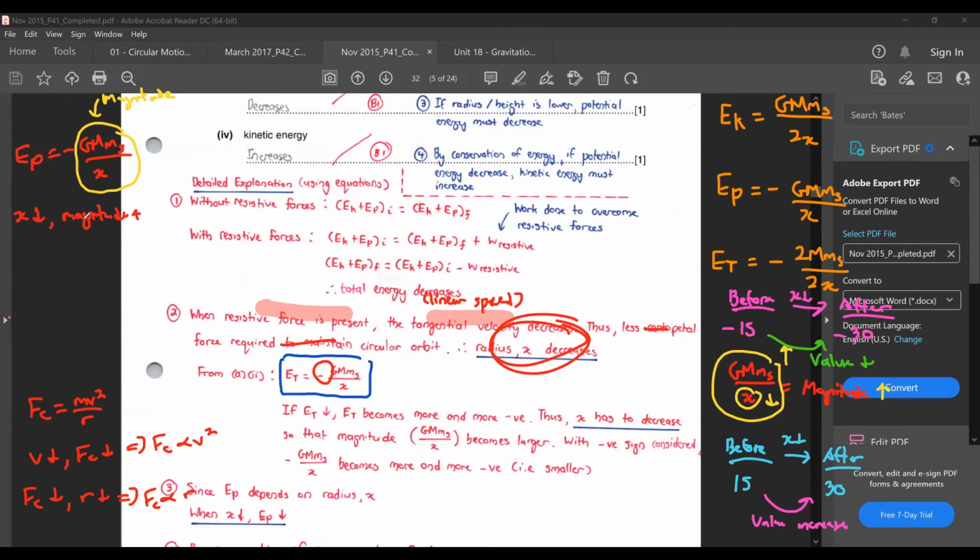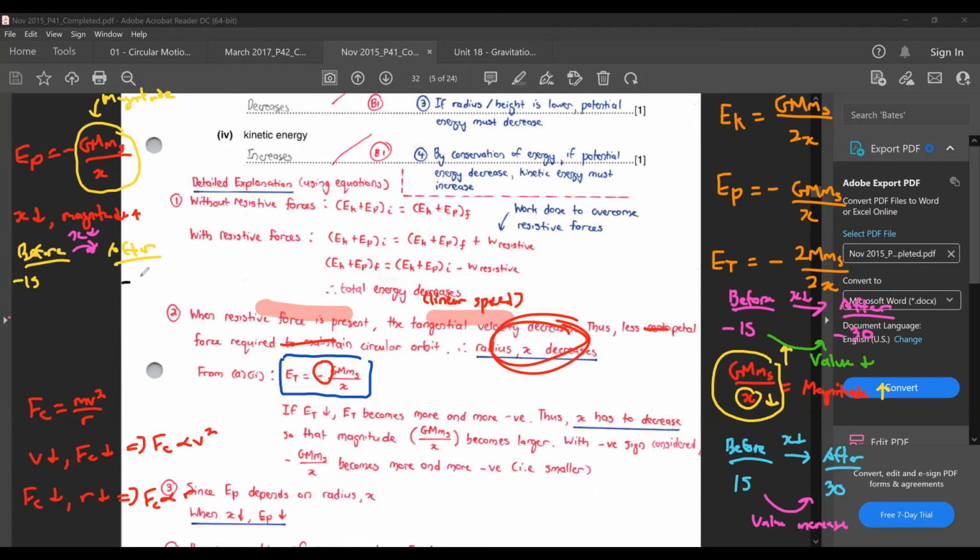So from here, it's the same thing as before. If before my value was something like negative 15, then after that, when my X has dropped, my magnitude no doubt is increasing.